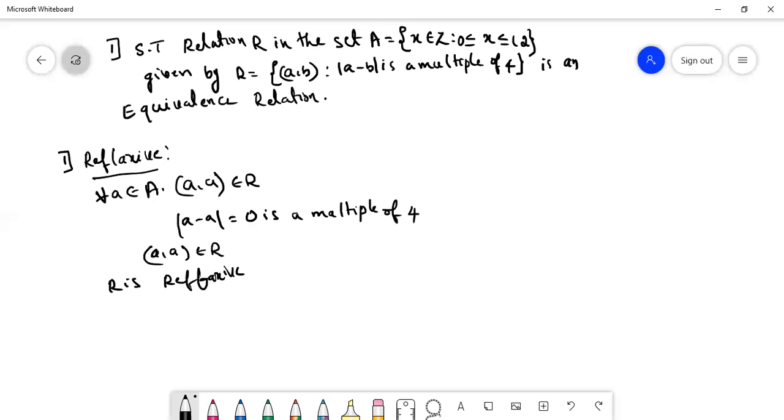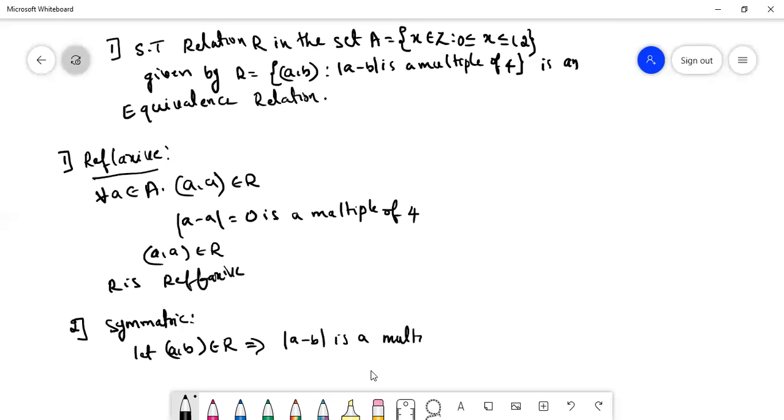Next, we have to show symmetric. Let (a, b) belong to R. This means |a − b| is a multiple of 4, according to the given relation. For example, 8 is a multiple of 4, and −8 is also a multiple of 4, since the negative of any multiple is again a multiple. So |b − a|, multiplying by negative inside, is a multiple of 4.